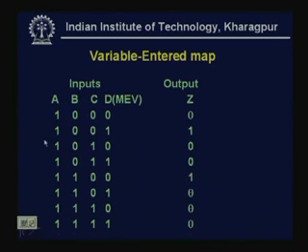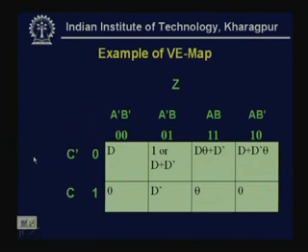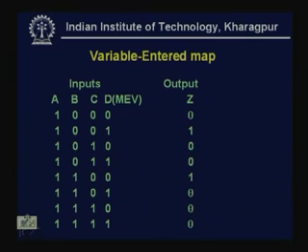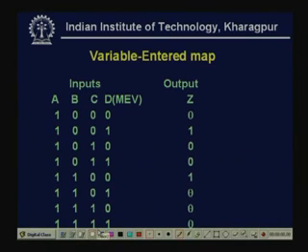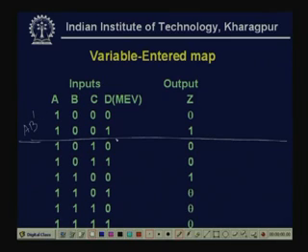Now again for the next pair, this is for the term A, B dash, because A is 1, B is 0 means B dash, and C is 0 means C dash.